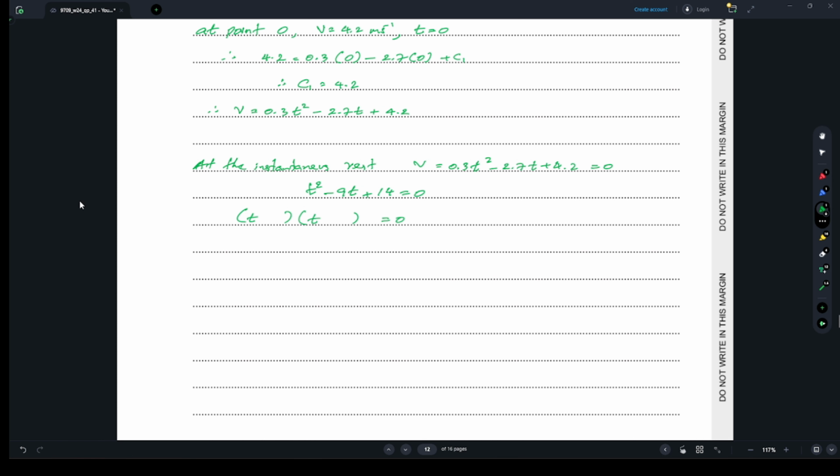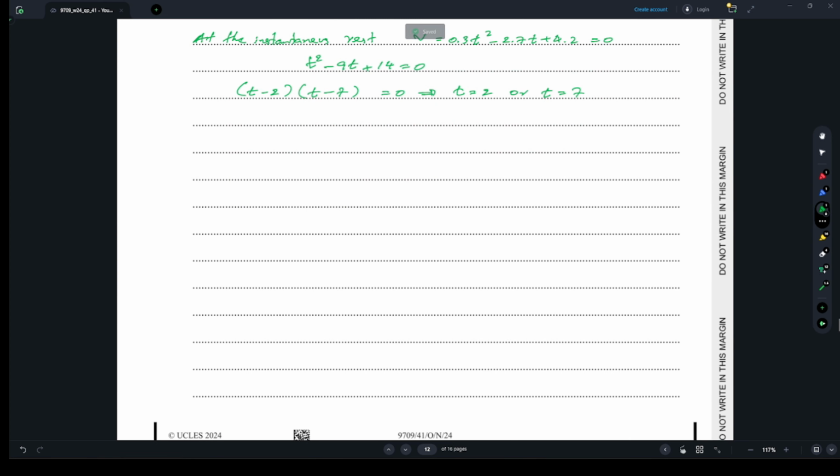The multiplication is 14 and the summation is 9, so I can take minus 2 and minus 7. From this, t equals 2 or t equals 7. Now let's keep that in mind.